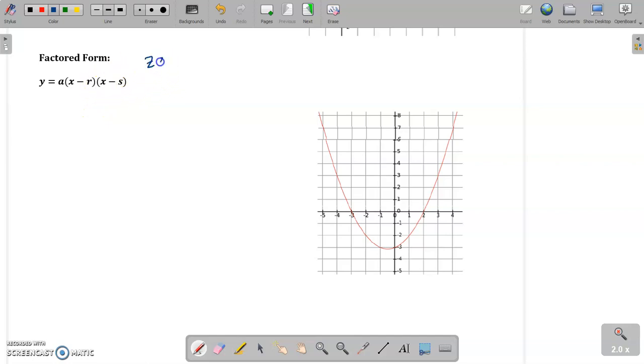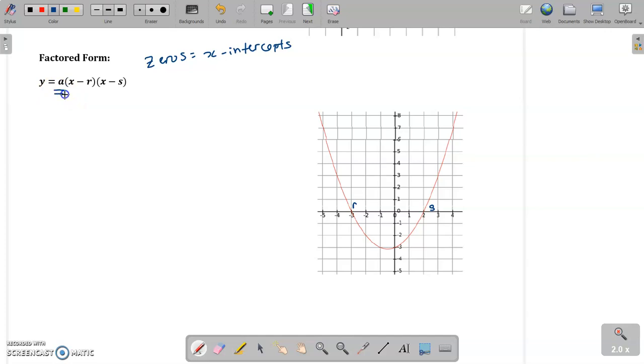Zeros means the x-intercepts. So for example, this would be one of them, and this would be the other one. So if we were to fill that in, the zeros of the equation.